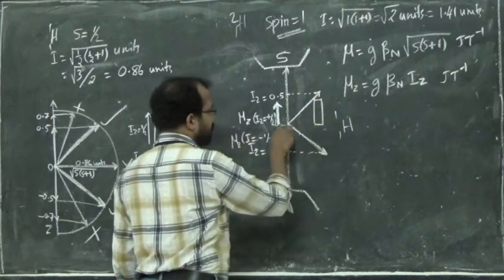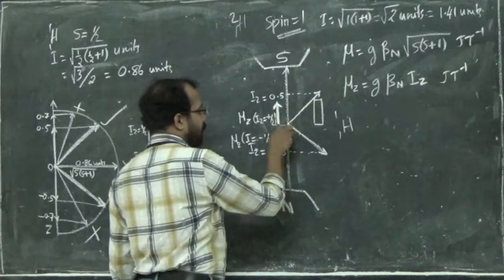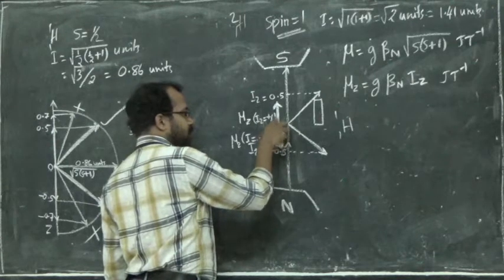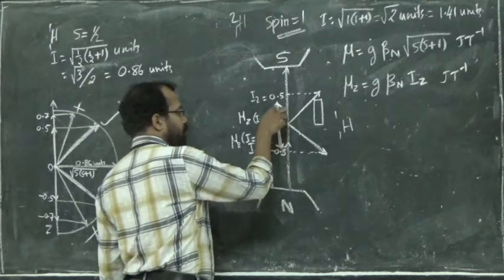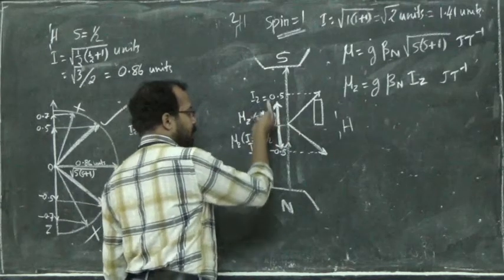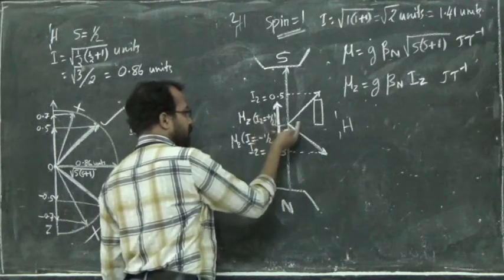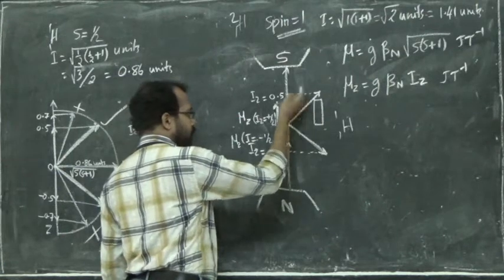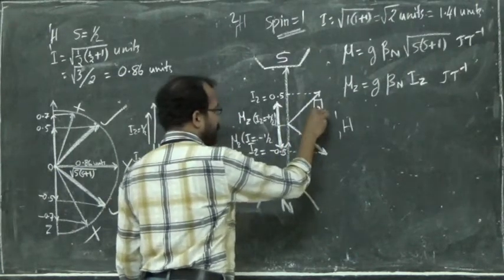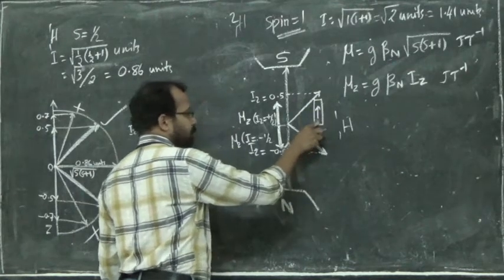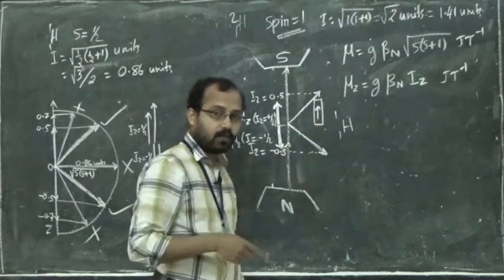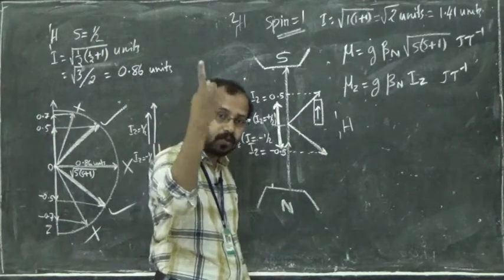This can be considered as a bar magnet, and inside the bar magnet, the direction of the line of force is from bottom to top. This is the direction of the magnetic moment, which means the magnetic lines of force are oriented from bottom to top.